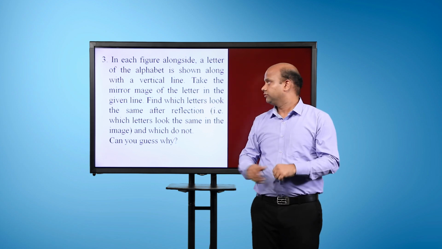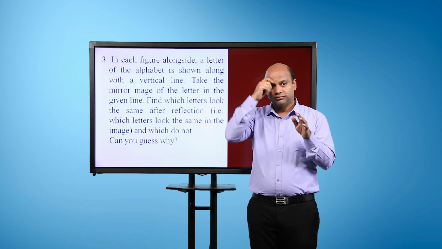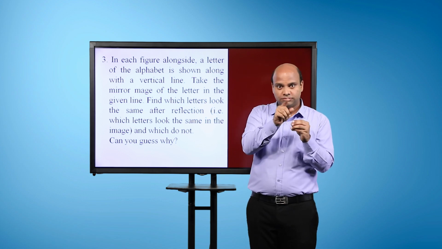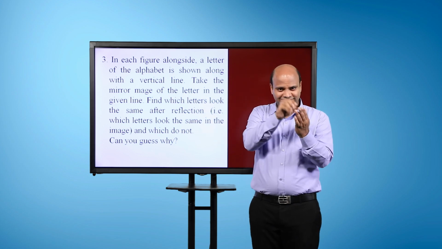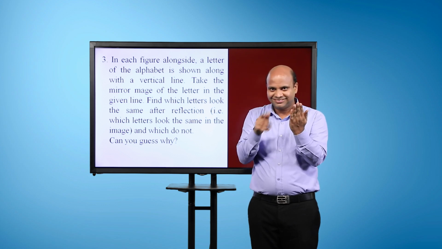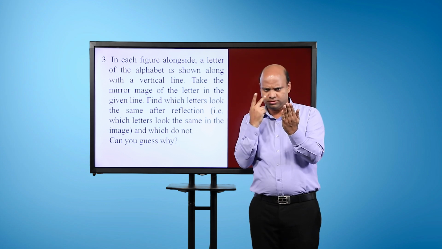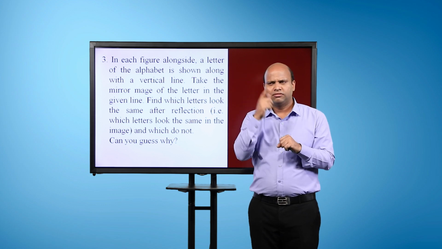3. In each figure alongside, a letter of the alphabet is shown along with a vertical line. Take the mirror image of the letter in the given line. Find which letters look the same after reflection, that is, which letters look the same in the image and which do not. Can you guess why?